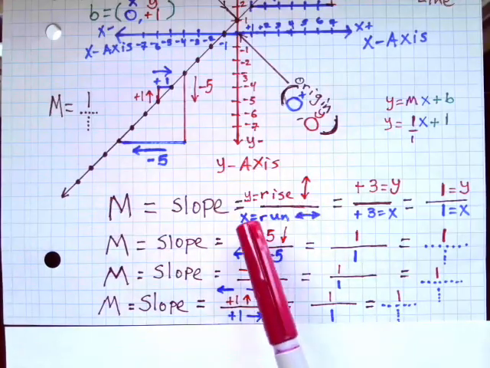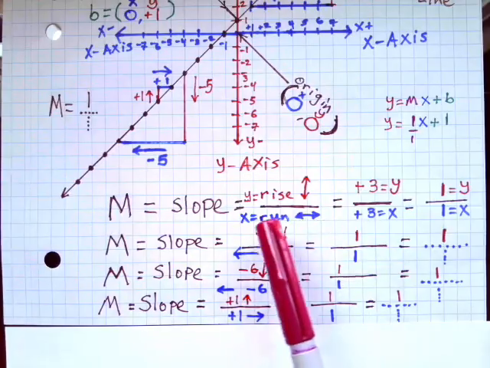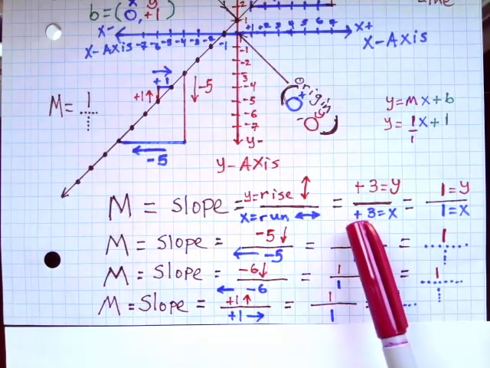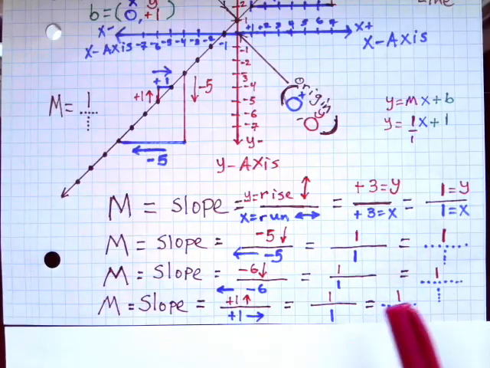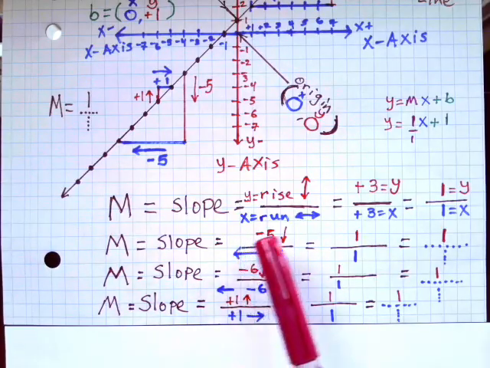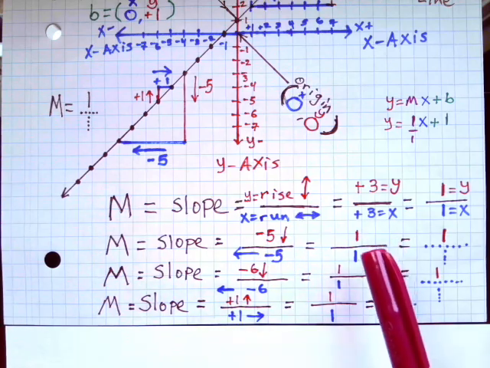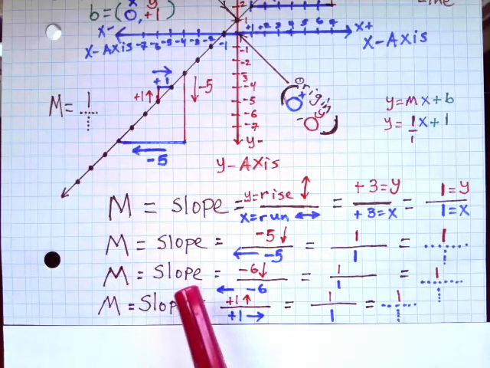It's always y over x, rise or fall, over run, right or left. In this case, positive 3 for y, positive 3 for x is the 1 over 1 value. We went down 5, we went down negative 5, we went over negative 5. Negative and negative is a positive 1 over 1, or just 1 with that invisible 1.